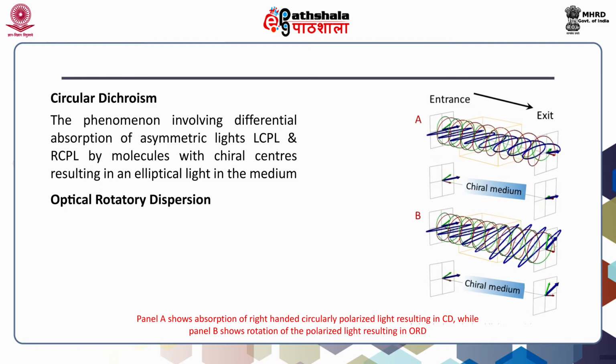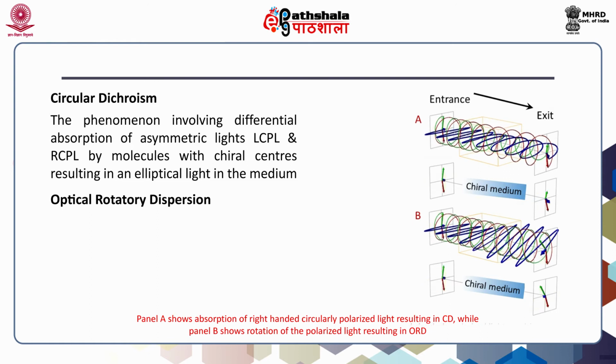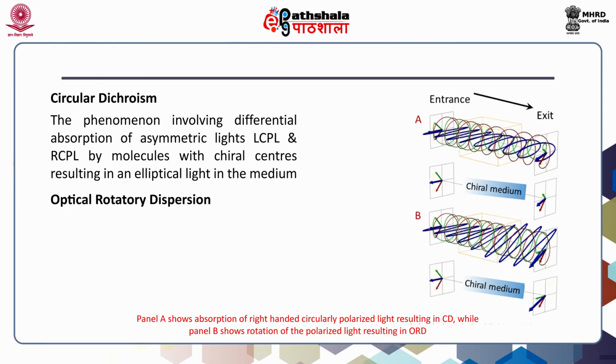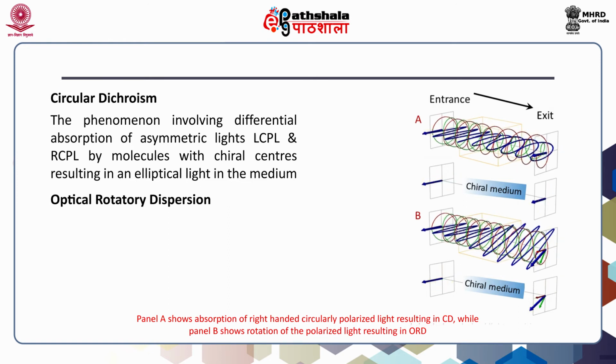Now, you can see a box with light orange color placed between the left and right windows on the top panel. It contains the optically active medium. Observe how LCPL, the left part, and RCPL, the right circularly polarized light, are propagating when they enter the medium.